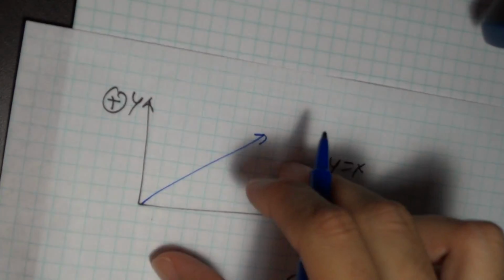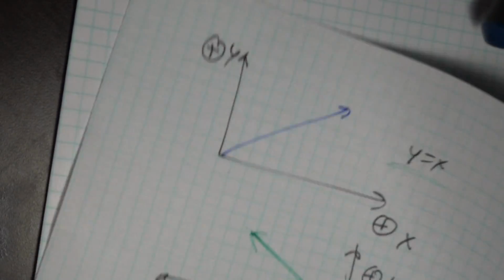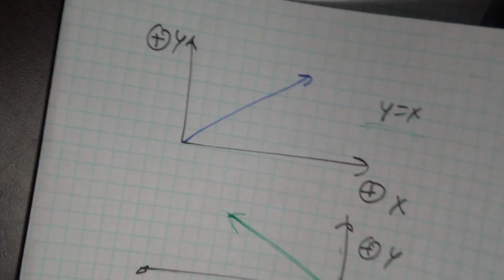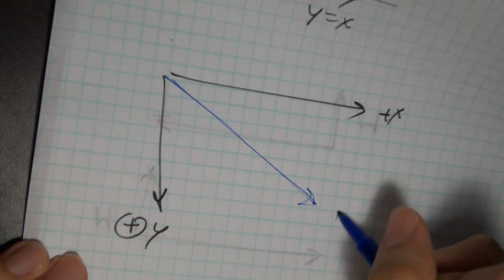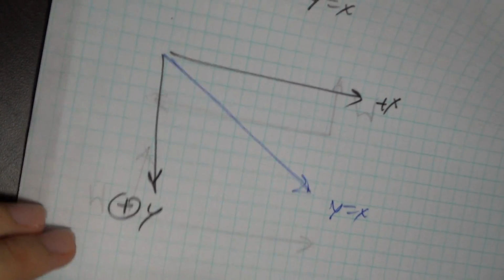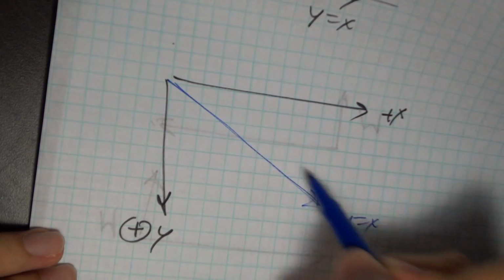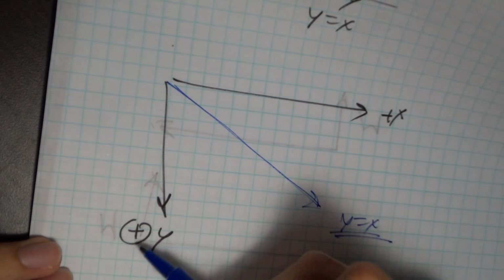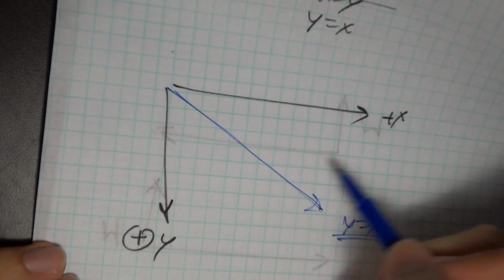Right, I have this graph. I flipped it about the y-axis. I made my positive going downwards instead of upwards. And if I do that, then this is my y equals x graph. Nothing changed with the values. This line is represented by this equation on this coordinate system.